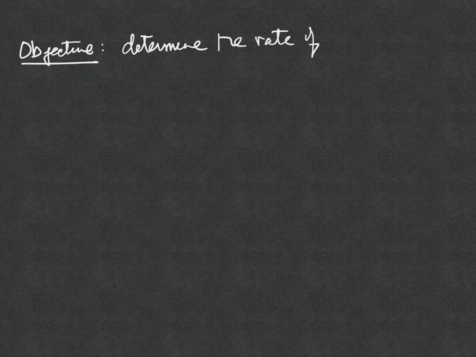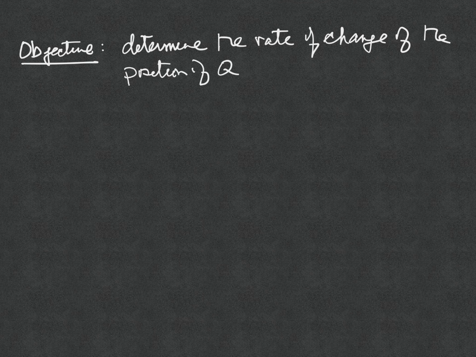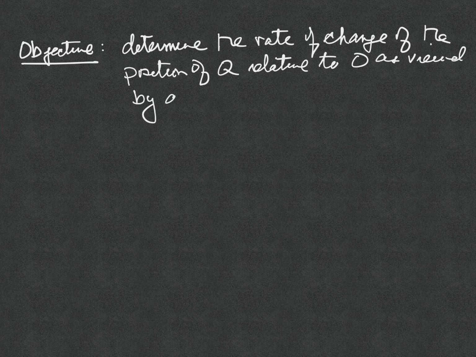The objective is to determine the rate of change of the position of Q relative to O as viewed by an observer fixed in D and G.